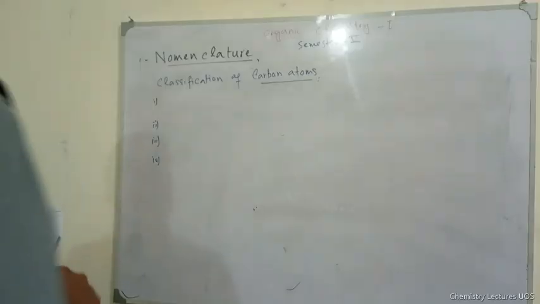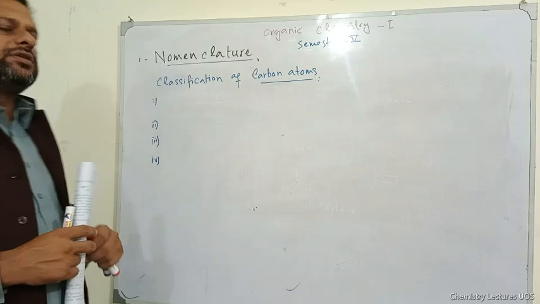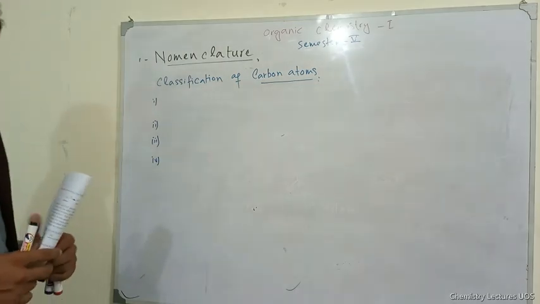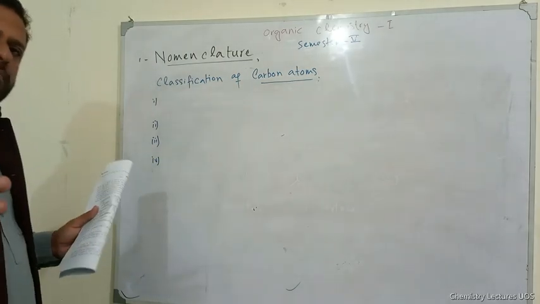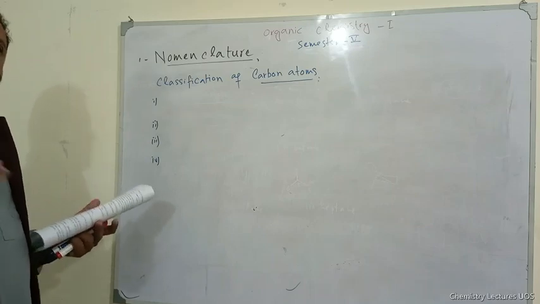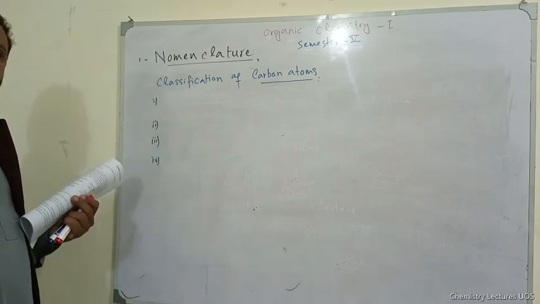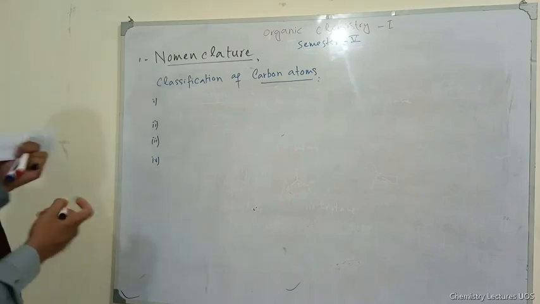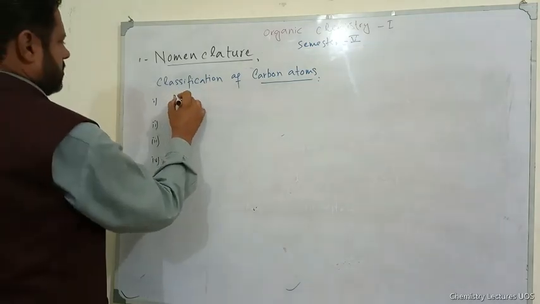Okay, my dear students, now we will discuss the classification of carbon atoms. In all organic compounds, we will classify each carbon according to the number of other carbons attached to that carbon. The first one is the primary carbon.